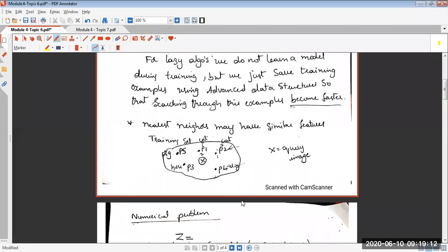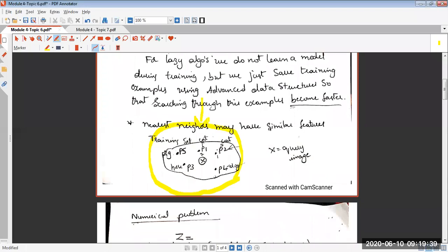How it works, I had explained with a small simple example. This was the example. As you can see, the nearest neighbor classifier has the training data. What is the training data in this example? Points P1, P2, P3, P4, P5 are the training data, or the previous observations. Point P1 is a data structure which contains the image of a cat.